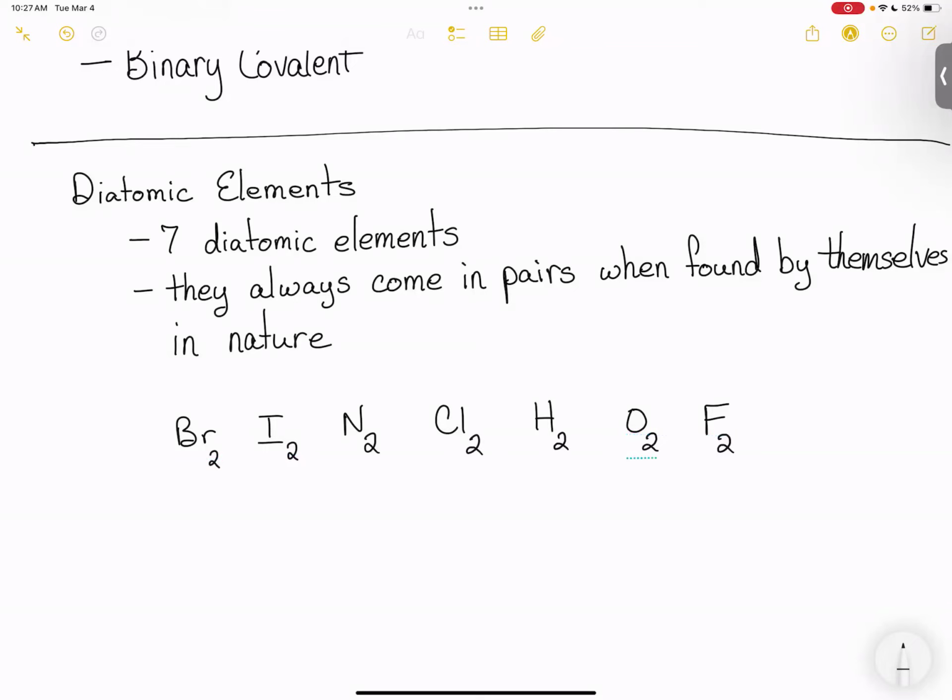The other way you can memorize them, I said that there were 7. They form a 7 on the periodic table, and you add hydrogen. So nitrogen, oxygen, fluorine, chlorine, bromine, iodine form a 7 on the periodic table, and then you have to add hydrogen.